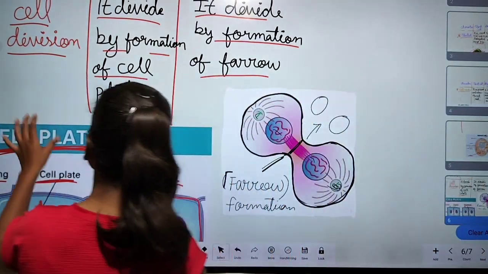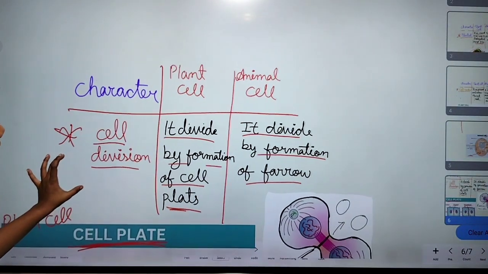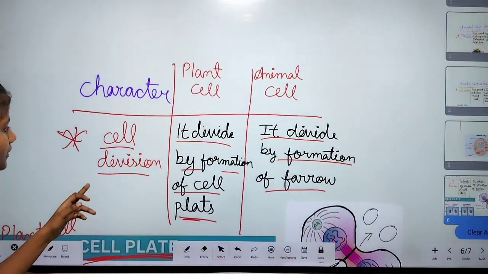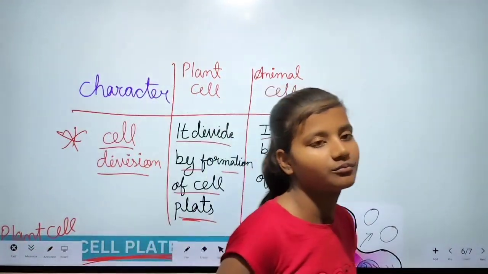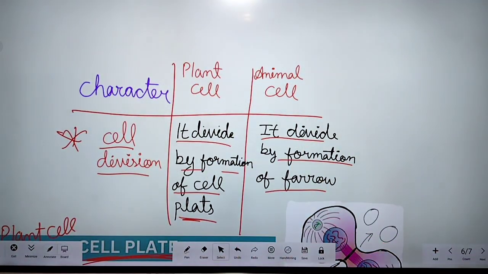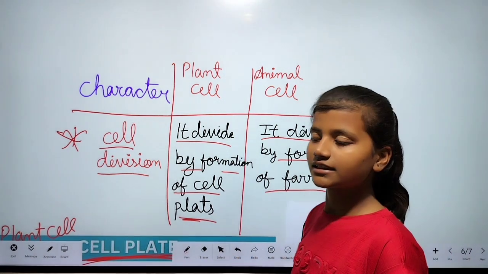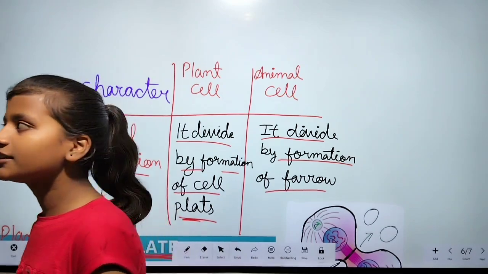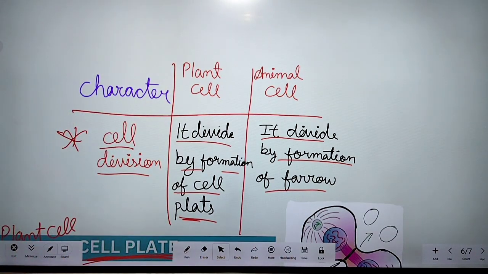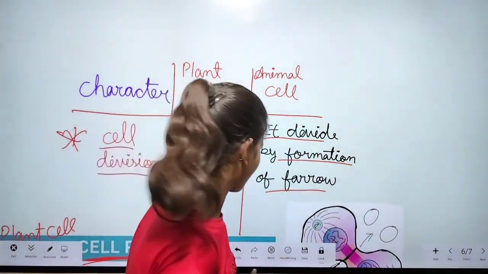Cell division: plant cell divides by the formation of cell plate, and animal cell divides by formation of furrow.